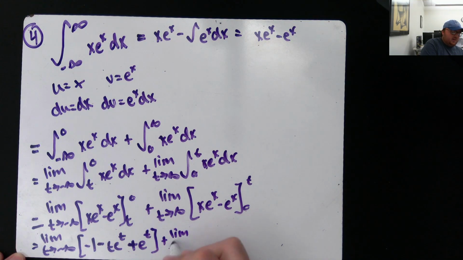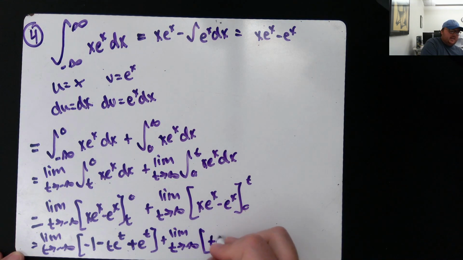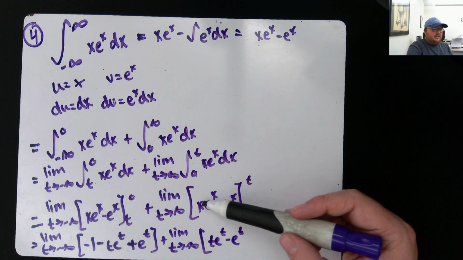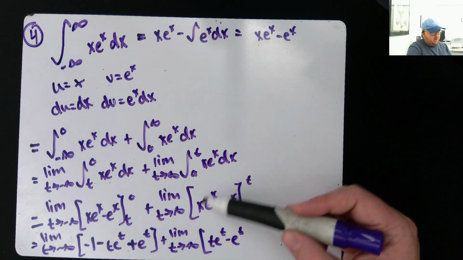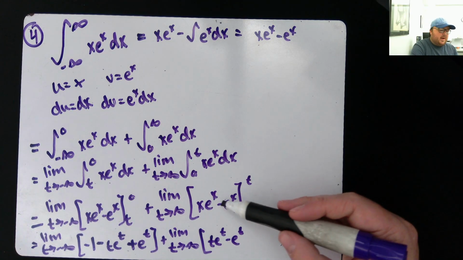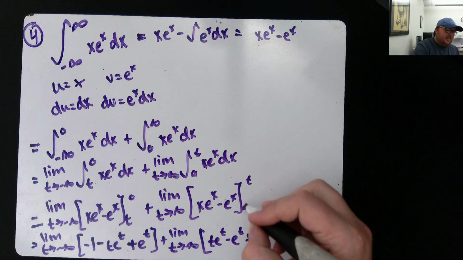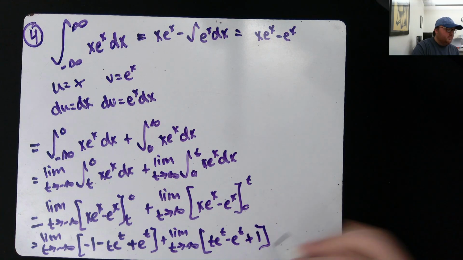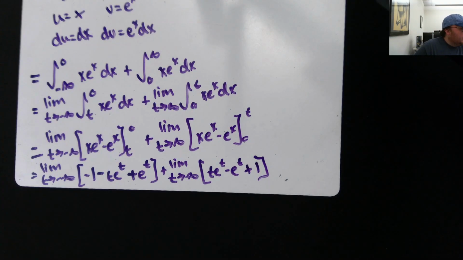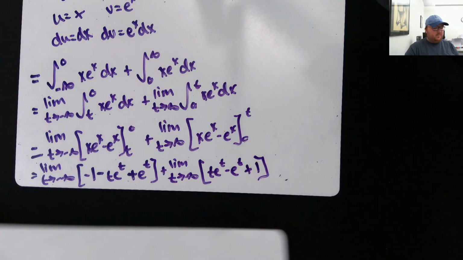Same thing over here. Plug in my top bound first, t e to the t minus e to the t. Plugging in a 0 here would make it 0, so don't even need it. Minus would make it plus, e to the 0 is 1. Let's continue working this out.